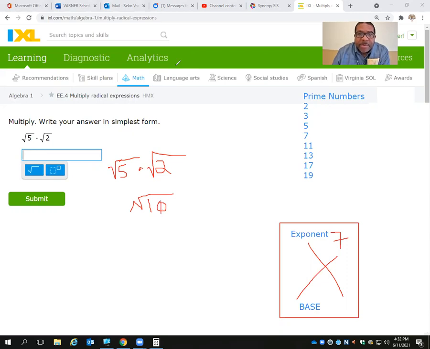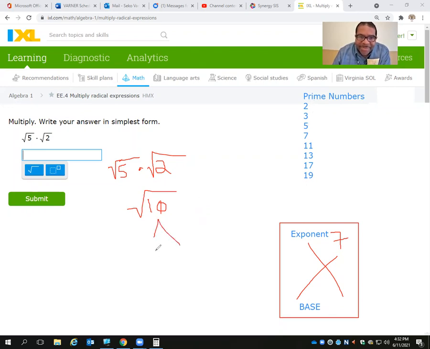Now that radical sign looks a little funny, right? I should probably do it again. Okay, radical sign of 10. Now I need to break it into prime numbers. 5 is a prime number, 2 is a prime number.